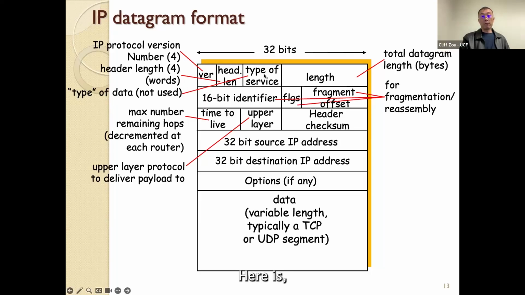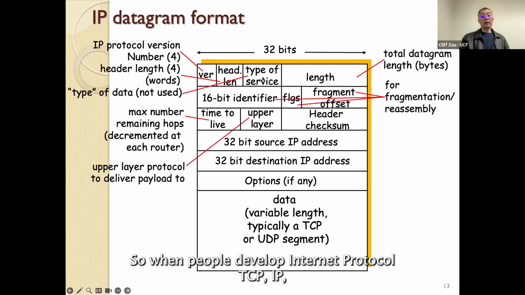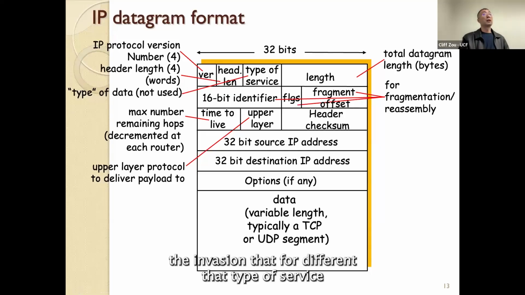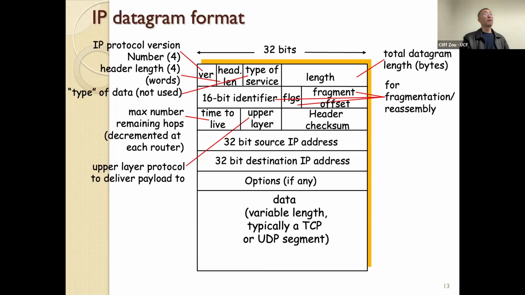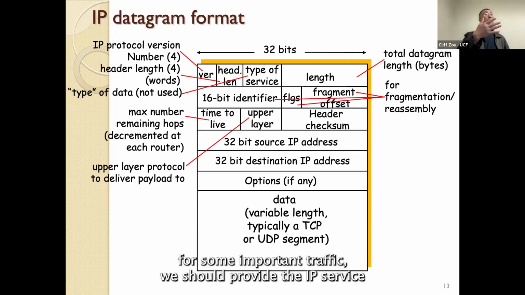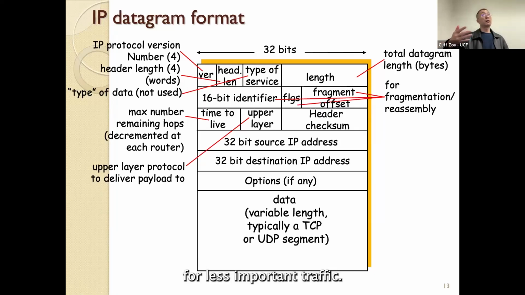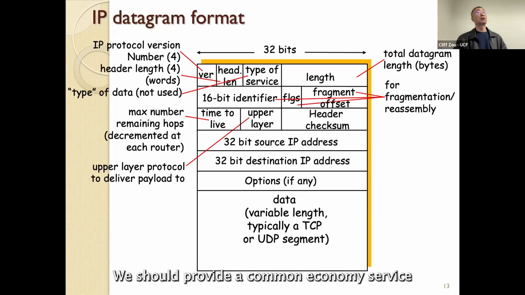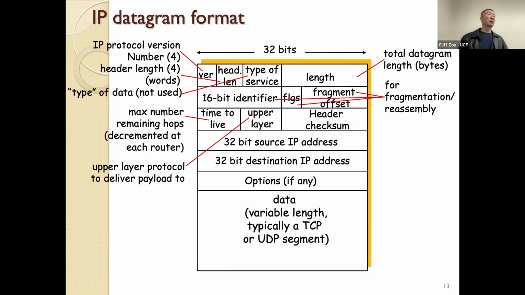Here are 8 bits used for type of service. When people developed the internet protocol, TCP/IP, they envisioned that for different types of service, we should provide different quality of service. For some important traffic, we should provide VIP service. For less important traffic, we should provide common economy service, just like on an airplane.